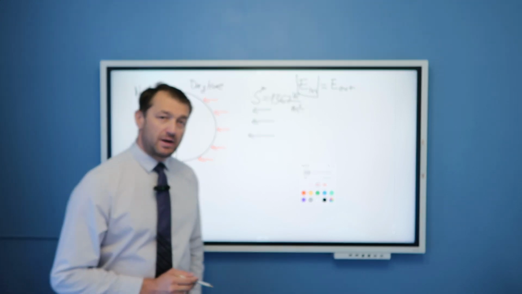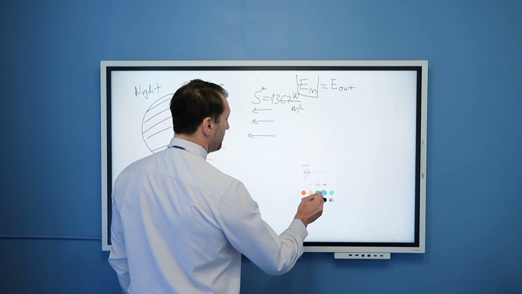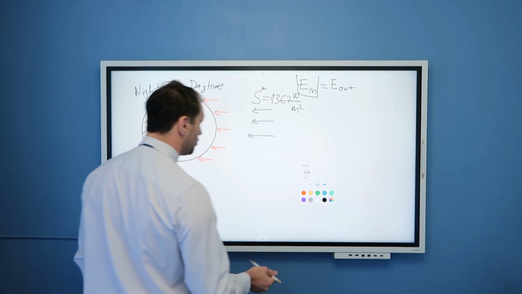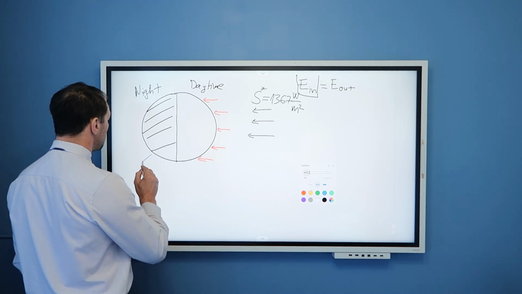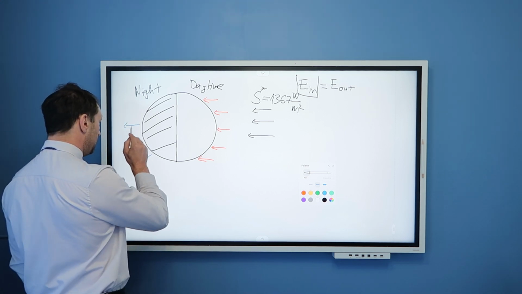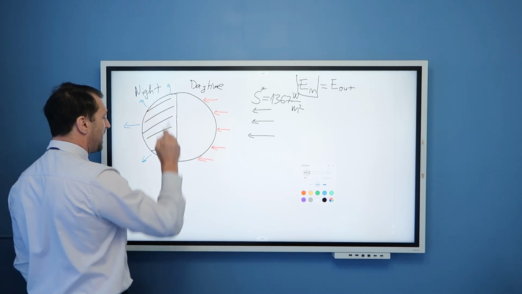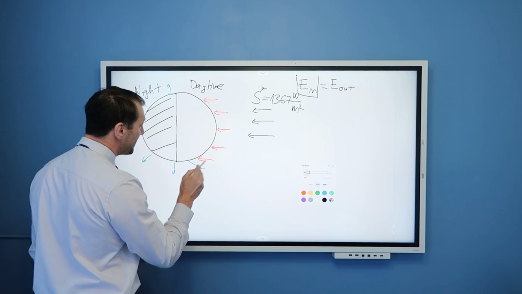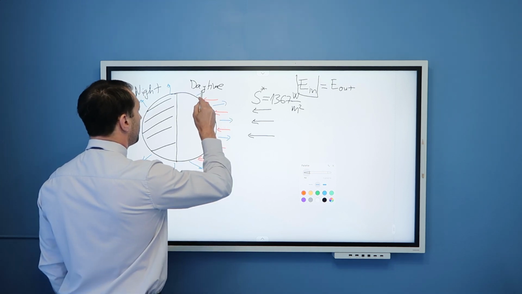But as you know from my previous videos, our planet also emits infrared radiation, also known as terrestrial radiation, and this emission, let's indicate it with the blue, happens in the nighttime part of the planet as well as in the daytime half of the planet.